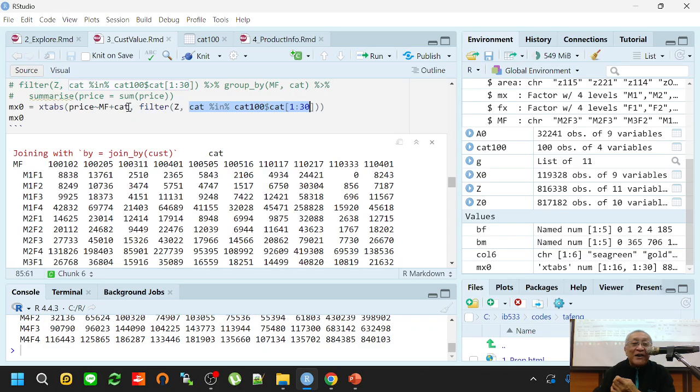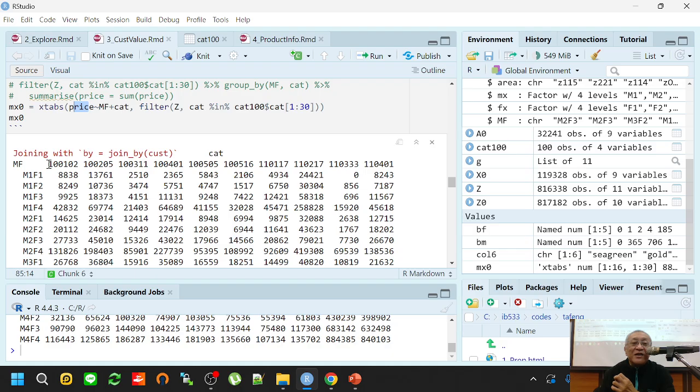And then I use this MF and category as the group, as the summarize variable to summarize the price, which means that this group of customer are buying this category for so many dollars, right?